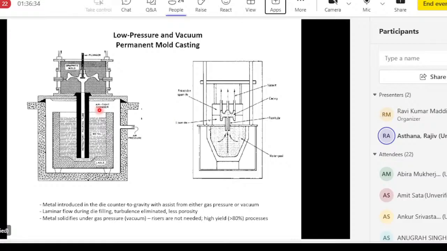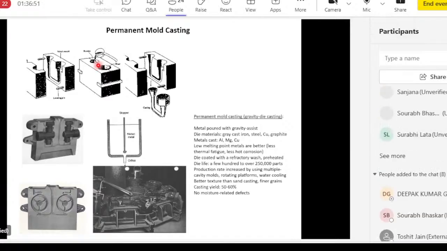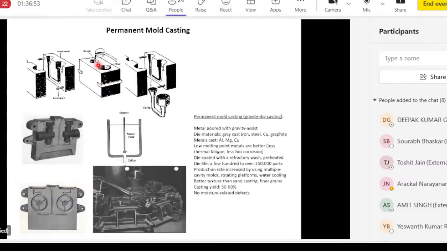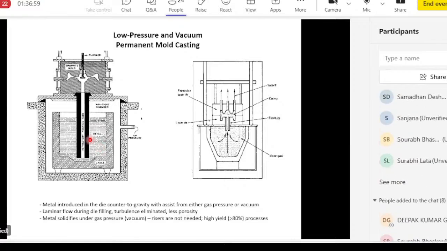Well, in the traditional process, you pour metal in the die. So gravity pouring is used there. This process, as compared to gravity pouring, gives a more controlled fill. So that's one advantage.